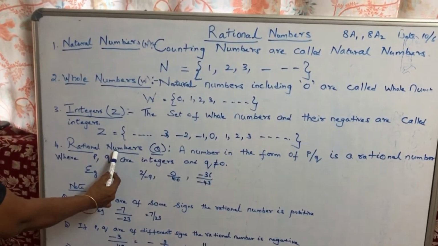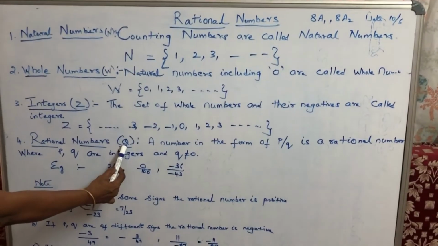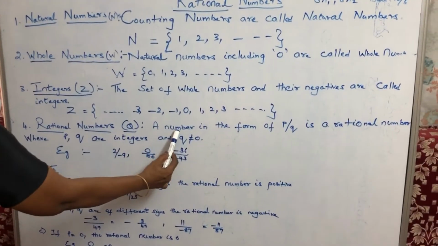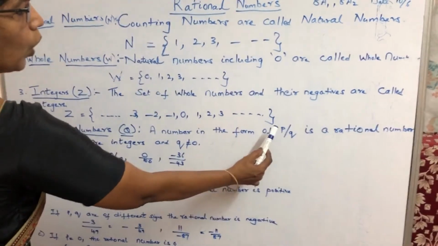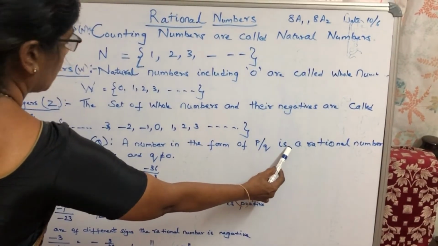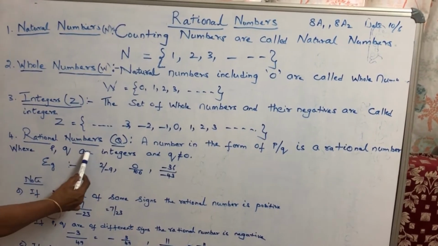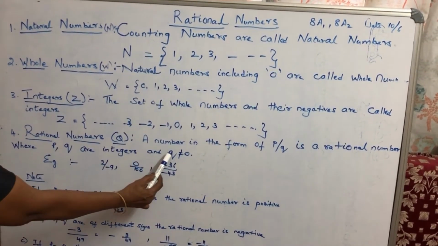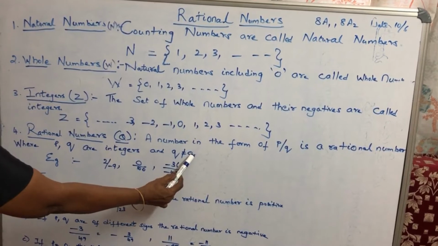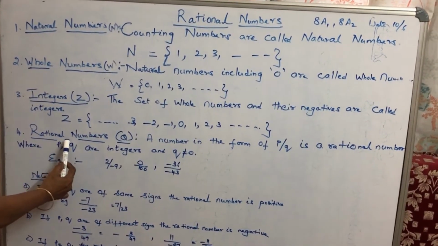4. Rational numbers, denoted by Q. A number in the form of p by q is a rational number where p and q are integers and q not equal to 0. I shall repeat once again, children.